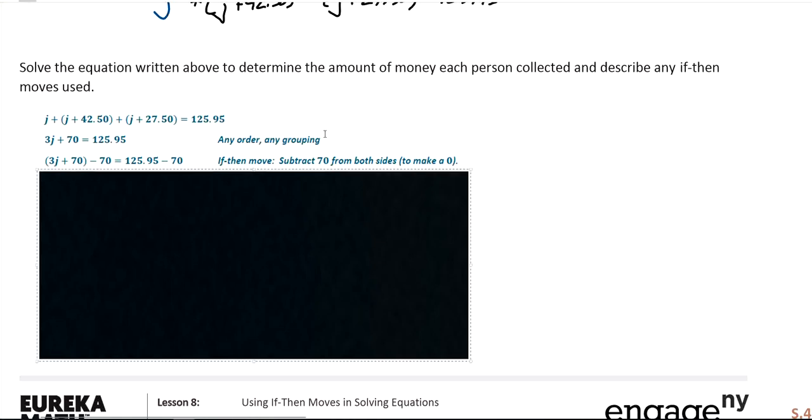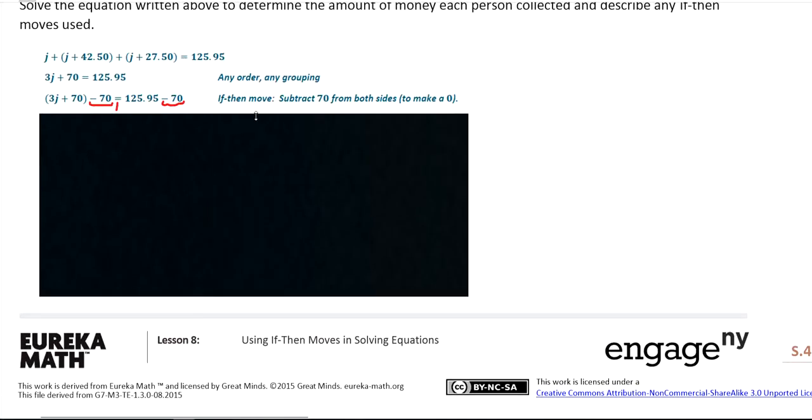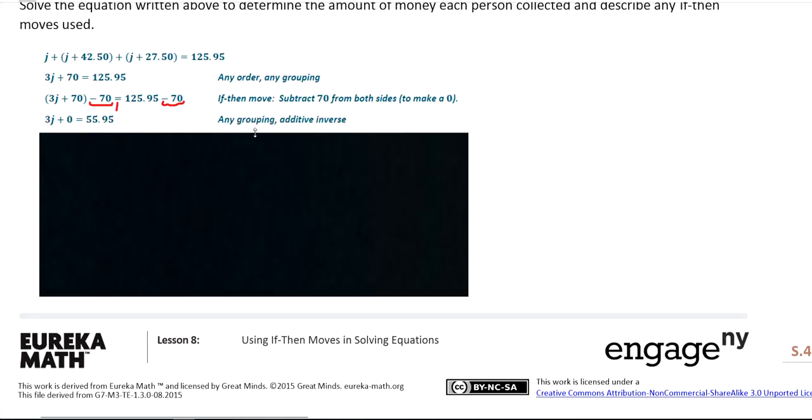All right, on this side, we want to get the J alone because that's going to help us figure it out. So the first thing we have to do is subtract 70 on both sides. Remember, what you do to one side, you have to do to the other. After that happens, we're left with 0 here, because remember, this and this cancel out.